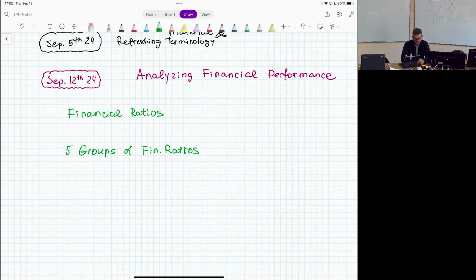It will be under the topic of ratio analysis. And in the end we will also talk about some additional concepts in analysis.